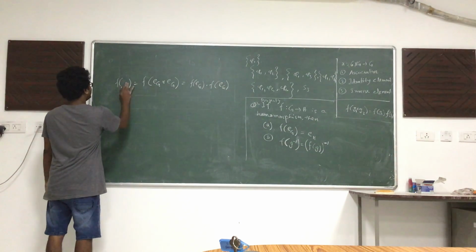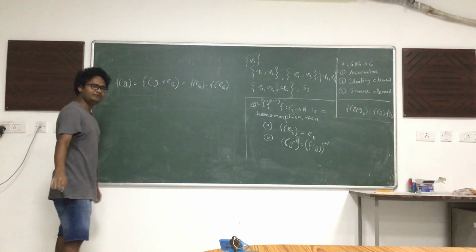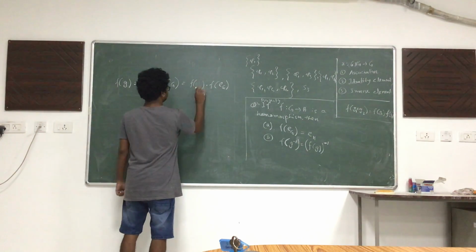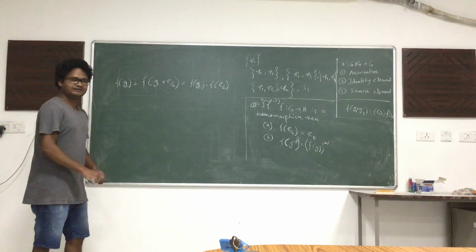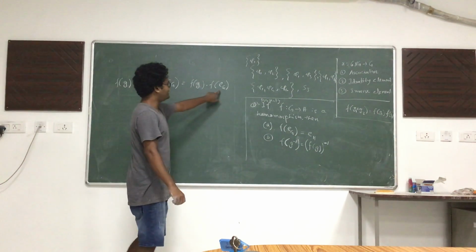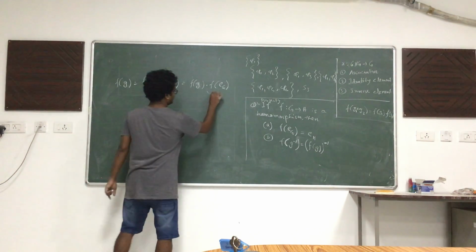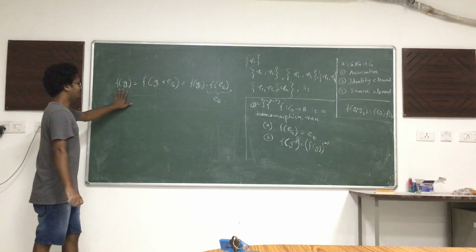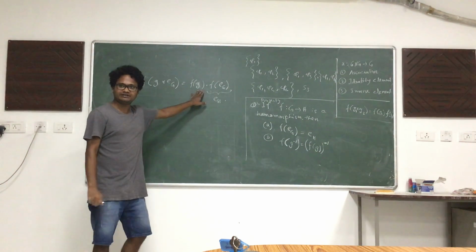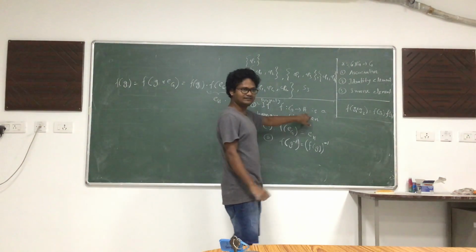Let's take any element from the group. For all the elements, now check these two. f(g) is equal to f(g) times f(E_G), so this has to take identity. Let's say for example f(g) and f(g) are both actual elements of H, right?